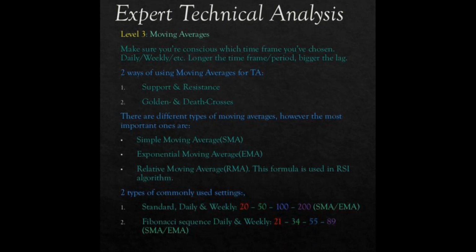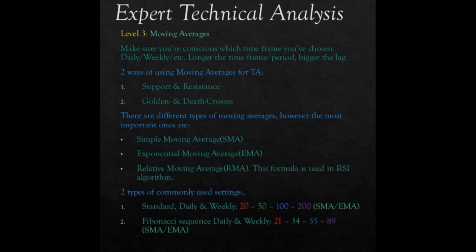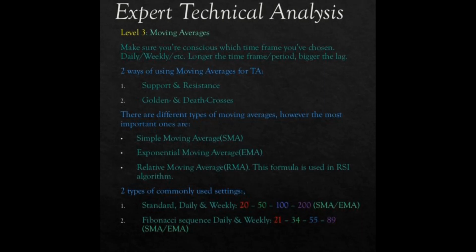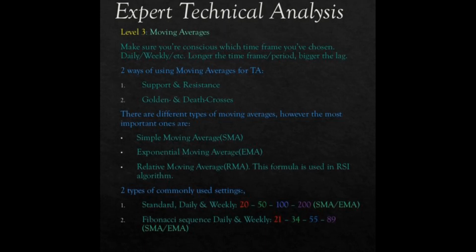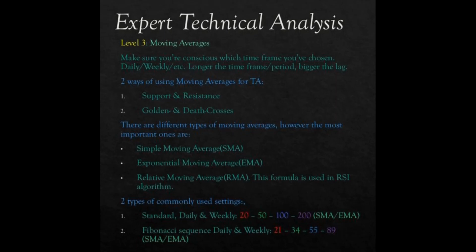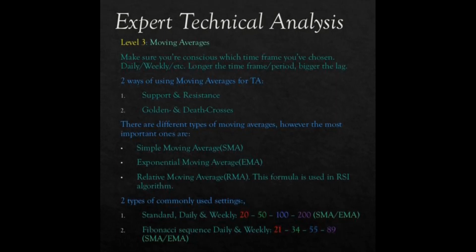So, if you're still interested, I'm gonna make more. The next level 4 is going to be about stochastic RSI, or the relative strength index. Something I want to talk about, since the relative moving average is a formula that's used in the RSI algorithm.